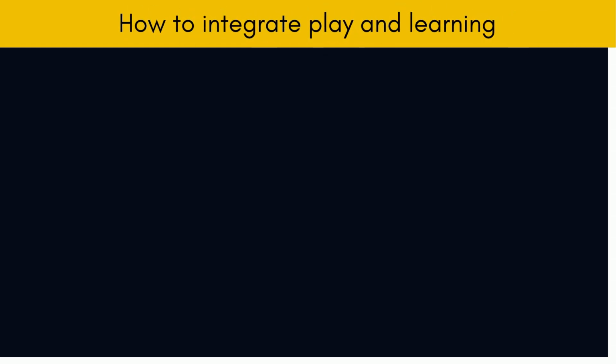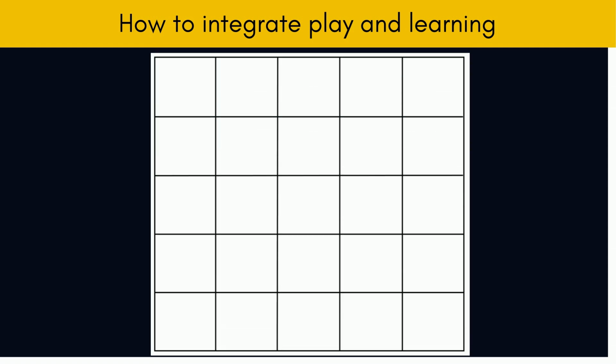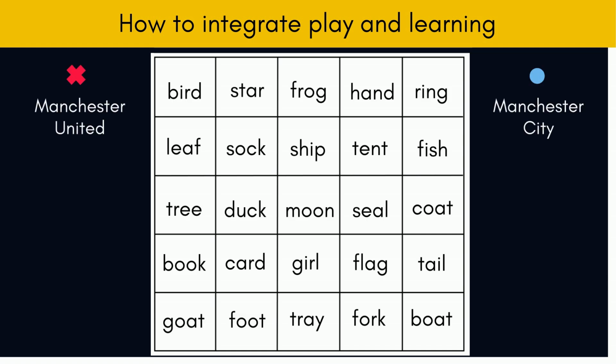How to integrate play and learning. Let's look at a 3-in-a-row game. In this game, pictures or words are arranged in a grid, and the children, or teams, take turns to choose or throw something at them. When they select or hit a picture or word, they perform a language task with it, such as making a personalized sentence using the word.